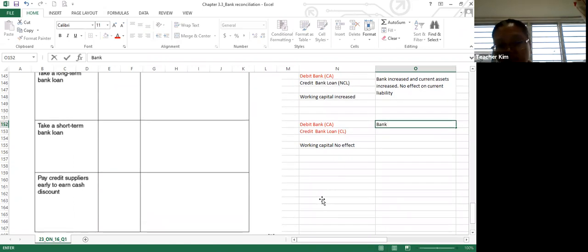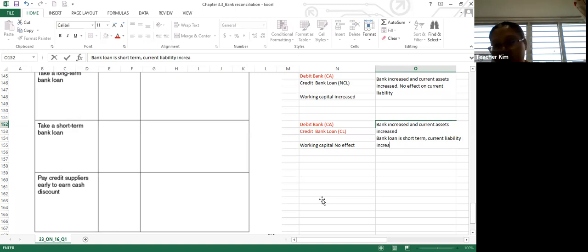Because bank increases and current asset increases. But at the same time, the bank loan is short term, so current liability increases. So both increase, working capital, no effect.